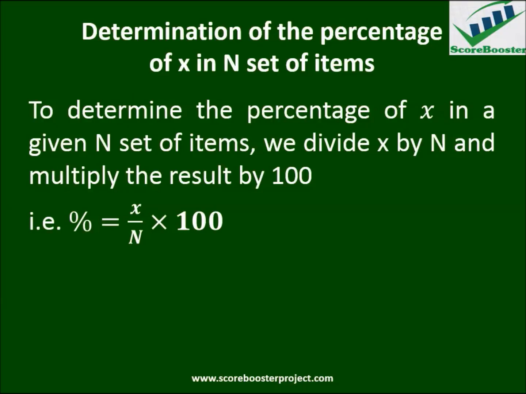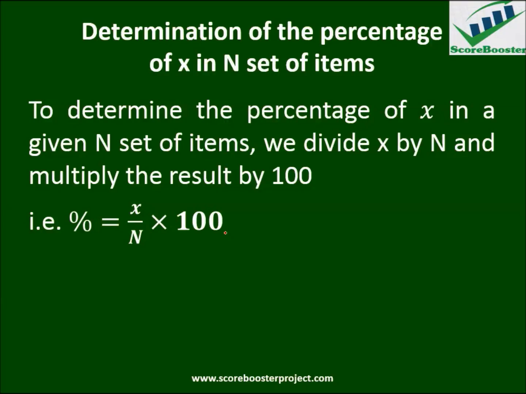Now let's have a look at another important heading: determination of the percentage of x in a set of n items. To determine the percentage of x in a given set of n items, we simply divide x by n and multiply the result by 100%.